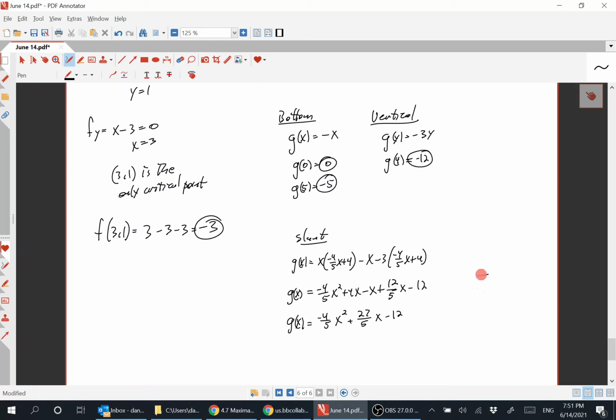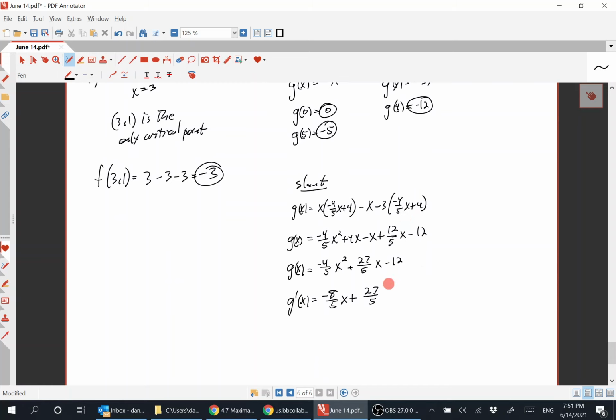So now that function is not a line; it's a parabola. So we have to check the derivative. So g prime of x is minus 8/5 x plus 27/5, setting that equal to 0. So 27/5 equals 8/5 x, so x is 27 over 8.